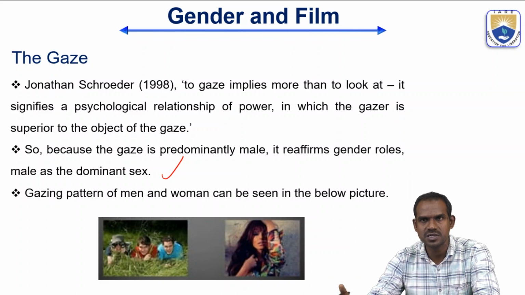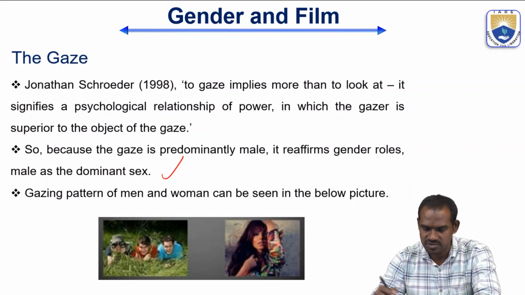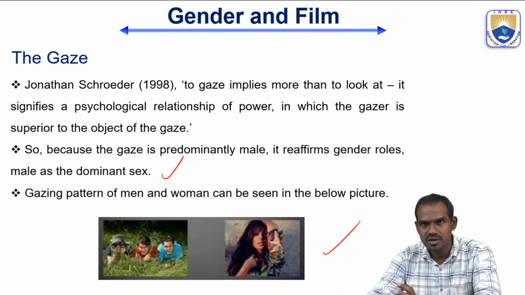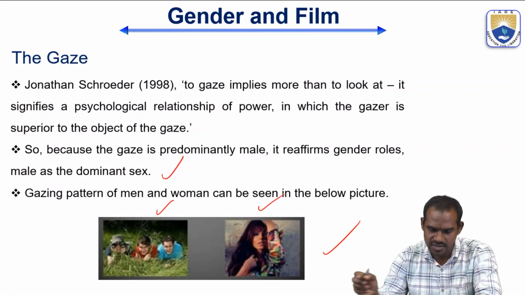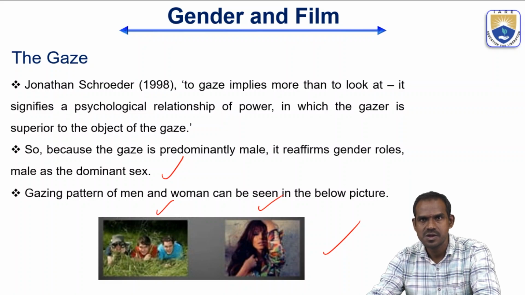This is part of gender and culture, which is part of gender sensitization. And the gazing pattern of men and women can be seen in the pictures below. You can see here, women will look fearfully or in a sexual way, and men will look or gaze with a lot of desire and a fun feeling. That is what is shown here, the male gazing and female gazing. That is how the films are designed.